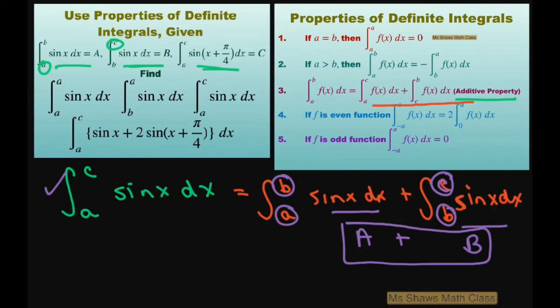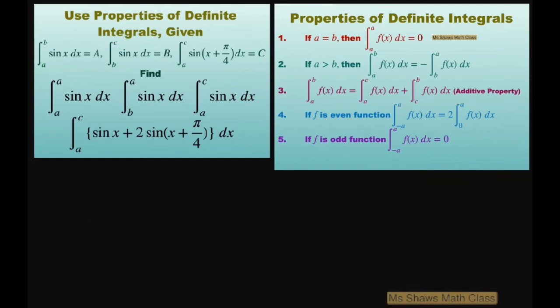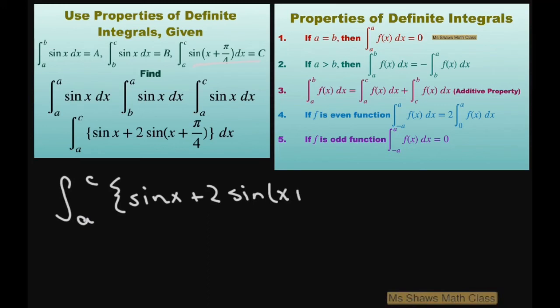Now the last one, it's dealing with this one. So let's write that out. We're almost done. We have this integral here given. So I'm going to write this as the integral from a to c. And I'll write it out again in case you can't see it. Sine of x plus 2 sine of x plus pi divided by 4 dx.